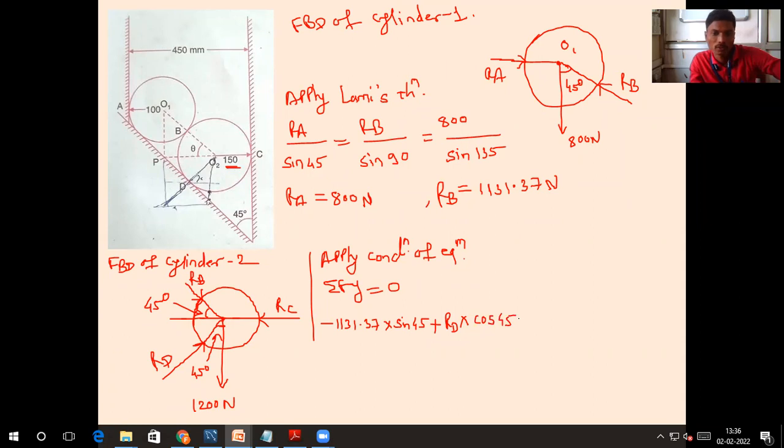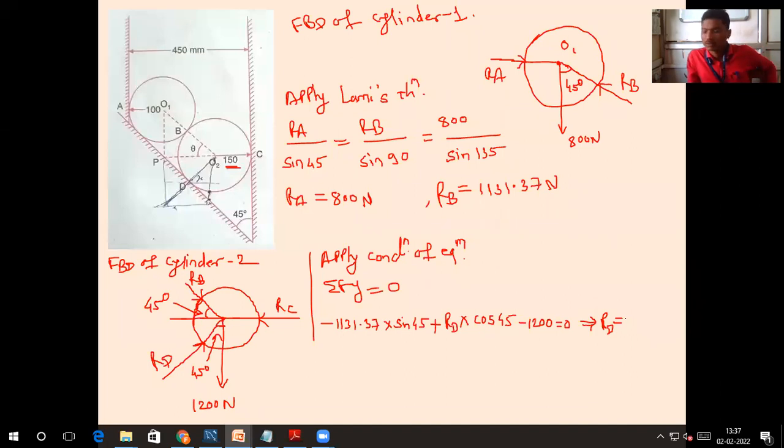Then 1200 Newton is going vertically downward. Plus or minus? Minus. Minus 1200 equal to 0. From this, calculate RD.